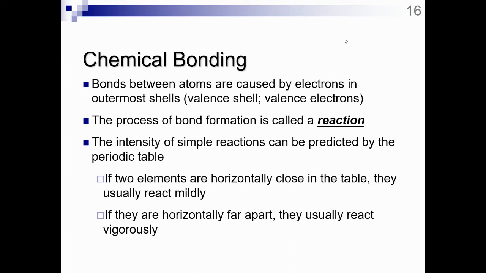The intensity of that reaction can be predicted by looking at the periodic table. If 2 elements are close to each other horizontally on the table, they can react, but it's usually going to be a mild reaction. If they are far apart horizontally on the table, they're going to react a little more vigorously.